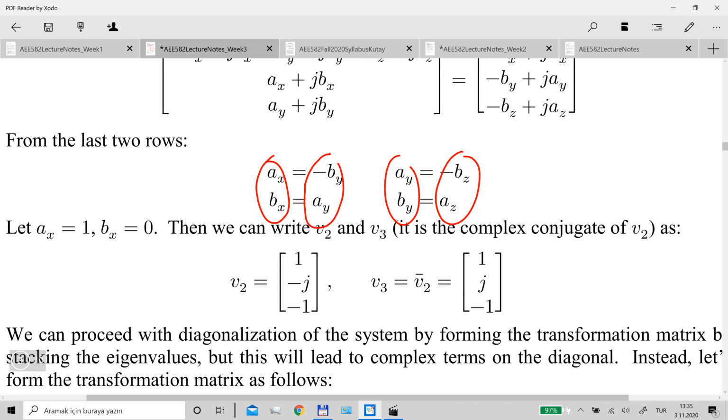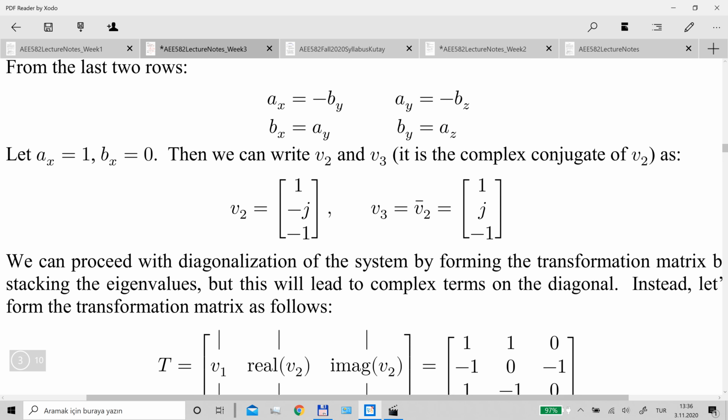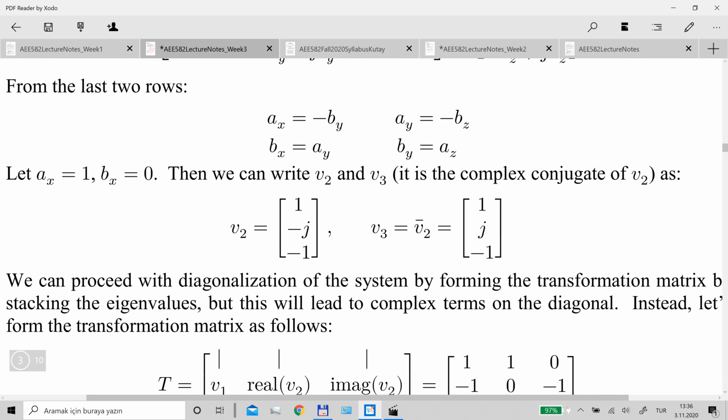So basically, once you pick a value for the first element of the eigenvector, you have a unique solution for the eigenvector. If you let the first element be 1 without any imaginary part, the corresponding eigenvector turns out to be this value.